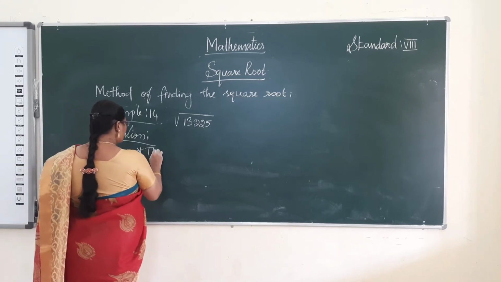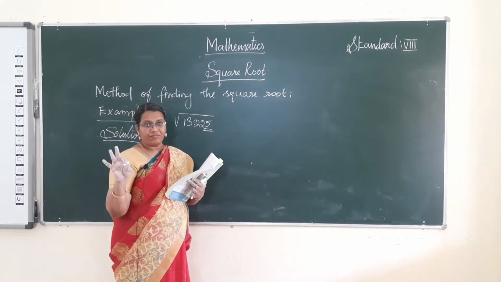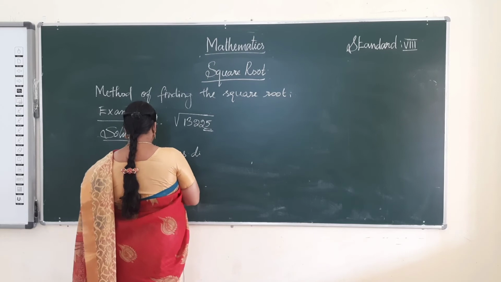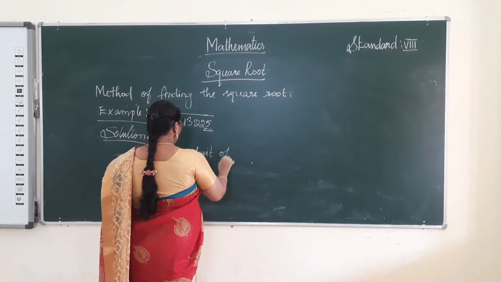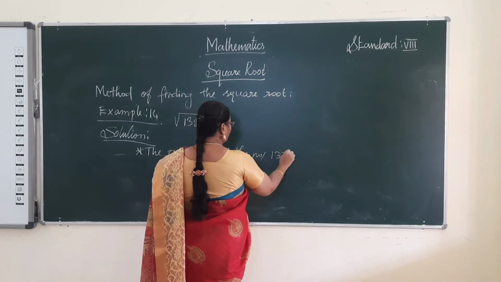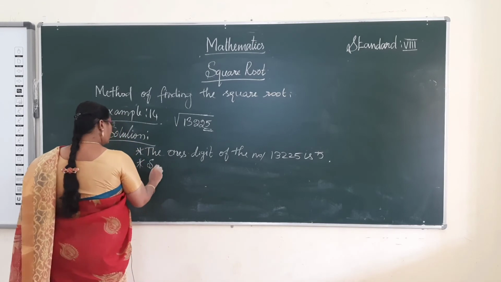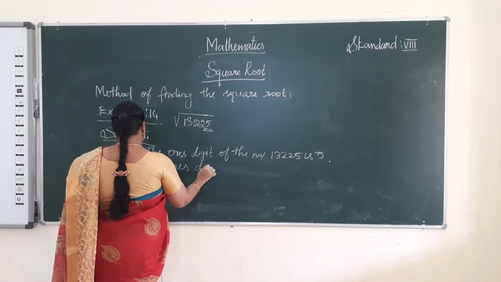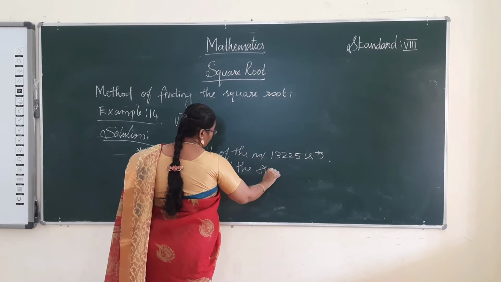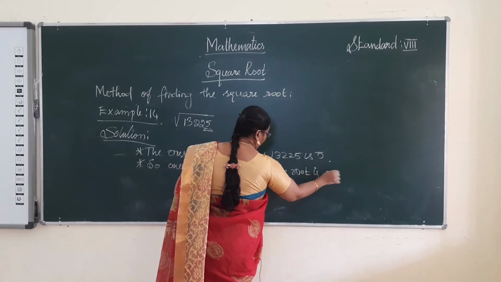First point, the ones digit is 5. So the ones digit of the square root of the number is 5 only.